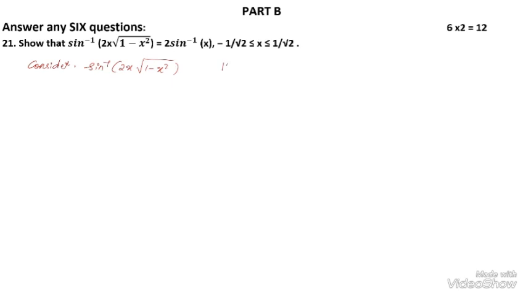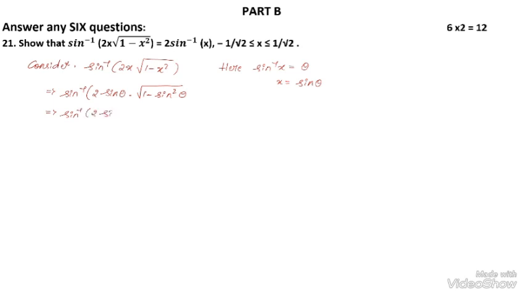Here I can take sine inverse of x is equal to theta. Then taking sine on the right side, x becomes sine theta. In this LHS part, wherever x is there, I can substitute sine theta. That is sine inverse of 2 into sine theta into root of 1 minus sine square theta.